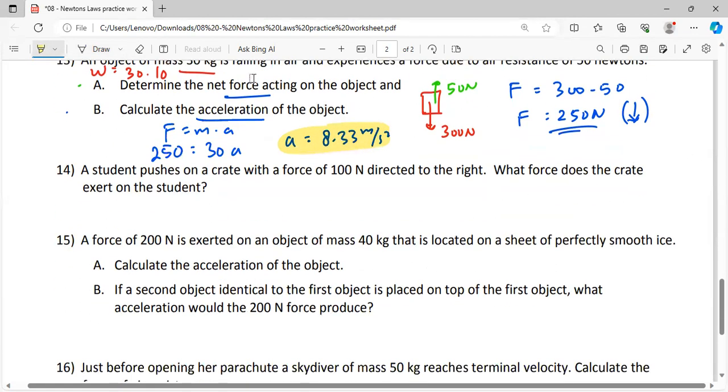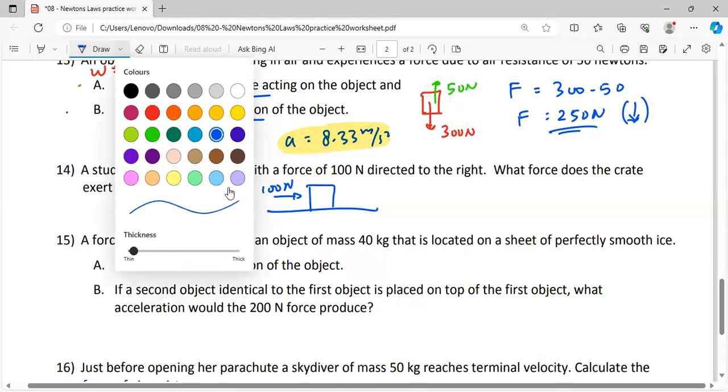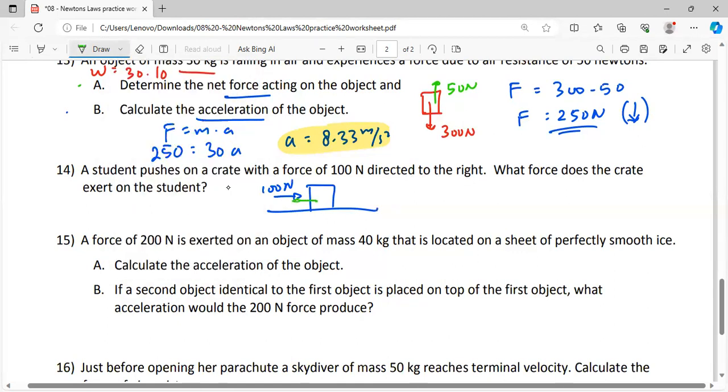We continue with number 14. A student pushes on a crate with a force of 100 Newton directed to the right. What force does the crate exert on the student?